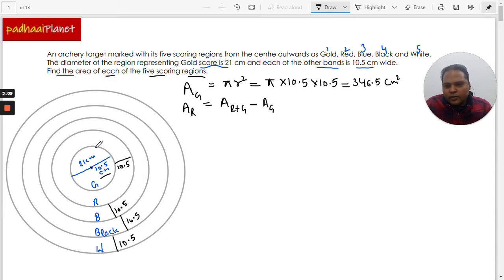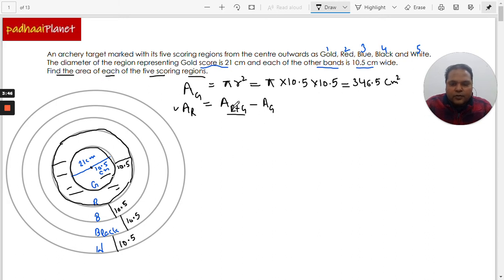Area of red plus gold means everything inside this circle, which is 2 circles, the red one as well as the gold. If from this we remove the area of the gold region, we will be left only with the area of this part, which is the area of the red region.